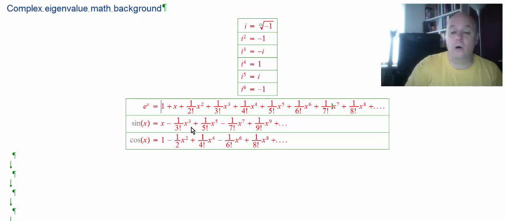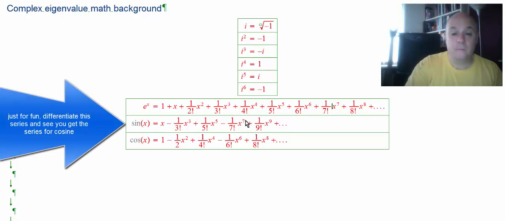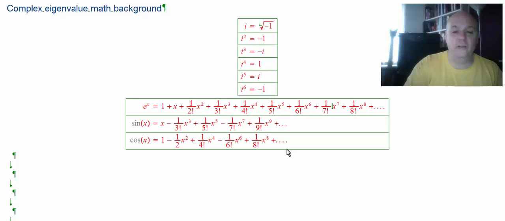Notice that sine are all the odd powered ones. They alternate in sign, and the power of x matches the factorial on the bottom. And cosine's the even powered ones. This one, we can think of that as x to the 0, then I have x squared, x to the 4th, etc. Again, the exponent matches the factorial on the bottom.